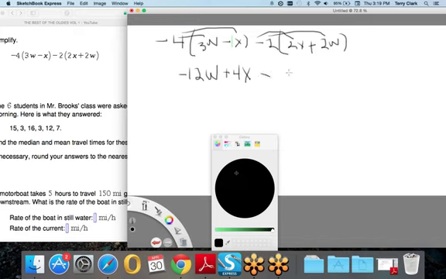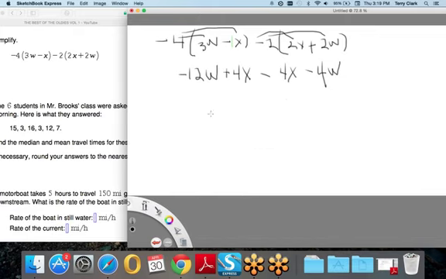All right, for the second one, -2 times 2x is going to give us -4x. And -2 times 2w is going to give us -4w. Just like that. Okay, now we'll combine the ones that can be combined. So we're going to take -12w, and that's going to get combined with -4w. And then we're going to take +4x.